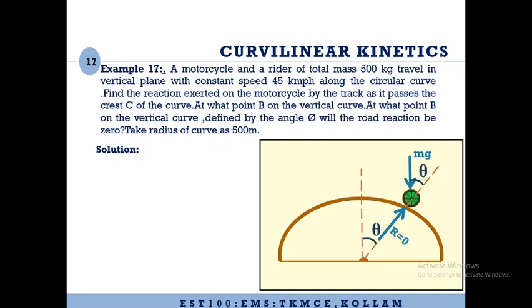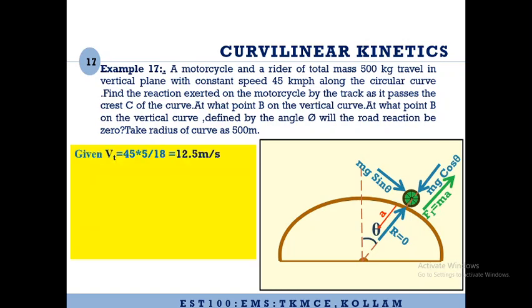Reaction will be acting, but this reaction has to be considered as 0. Its acceleration will be in the radial direction and inertial force will be acting in this direction. So let us try to analyze this particular problem.